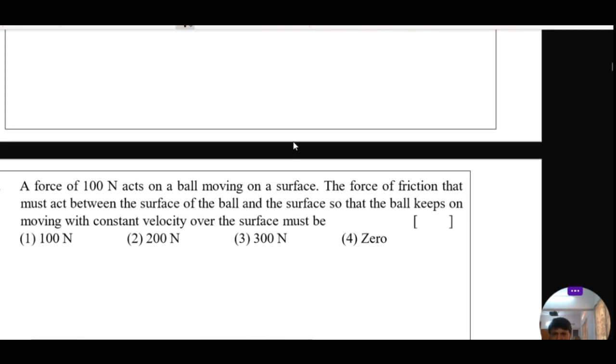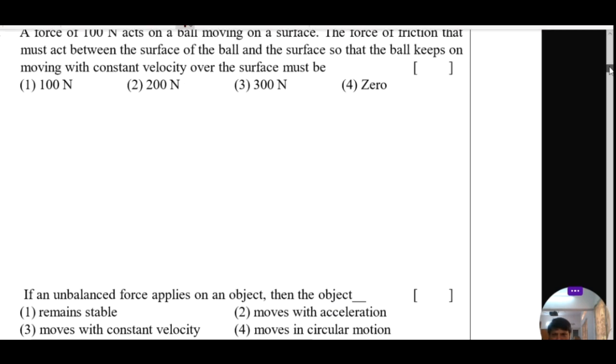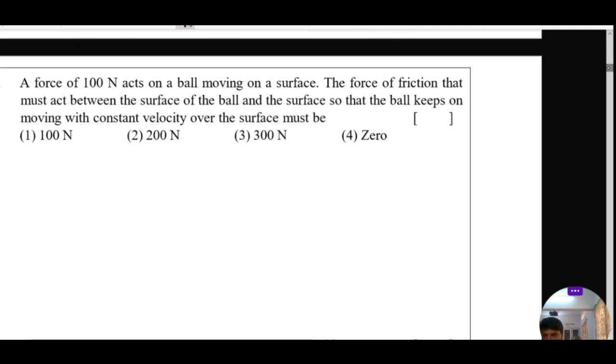Next, 10th question. A force of 100 Newton acts on a ball moving on a surface. The force of friction that must act between the ball and the surface so that the ball keeps on moving with constant velocity.